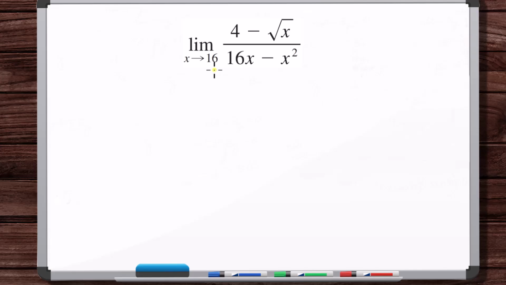Okay, but outside of mechanically, once we're really comfortable with graphical limits, we will be able to come to a problem like this, look at a limit like this, and understand what this means. It'll be very clear what this is saying because any function like this is going to have a graph, right? And so you've got the limit as x approaches 16 of this graph is equal to some number.